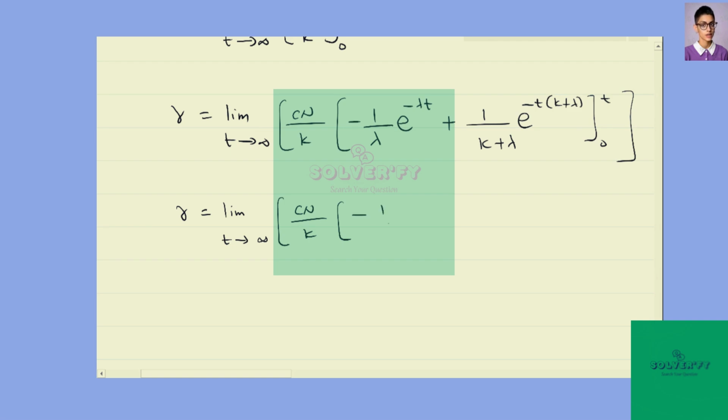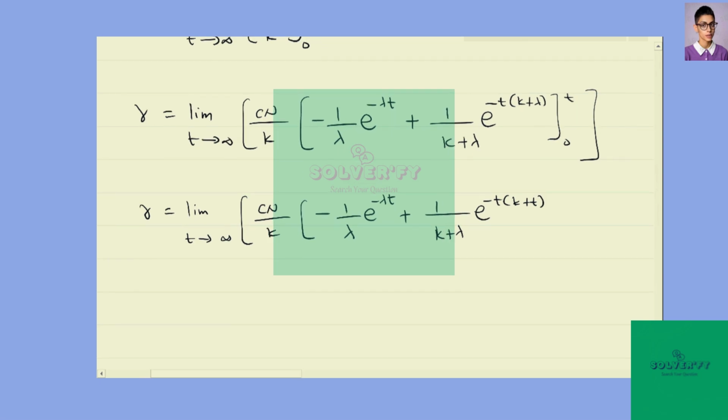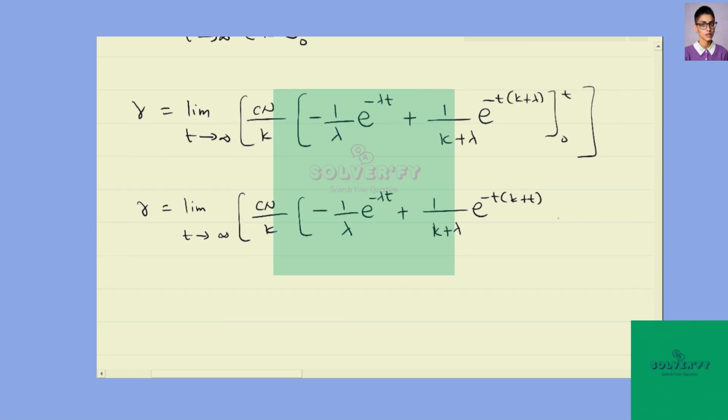So that is 1 over lambda. I'm putting t in place of itself, so nothing really much going on. I'm just putting t back.